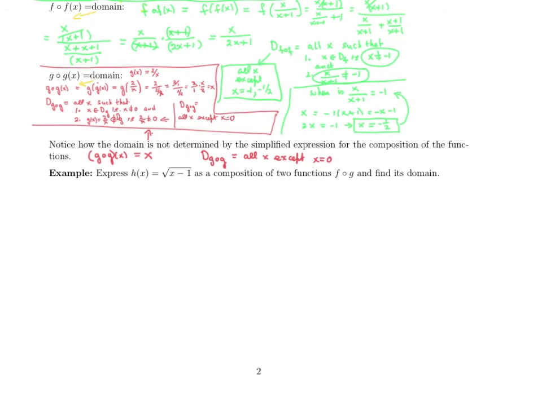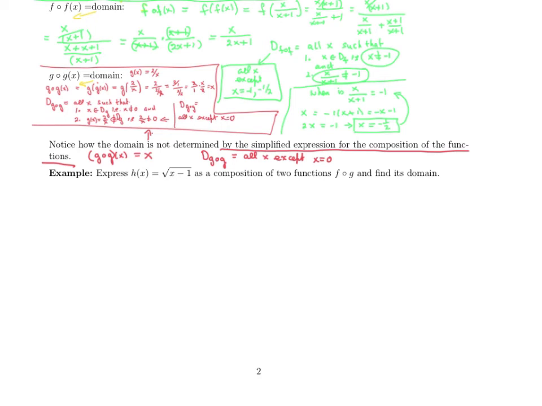This is something you have to watch out for, that implicit in the definition of g after g is that you have to be able to first calculate g of x and then apply g of x to the answer. So even though you end up with a nice simple expression for the composition, the domain can be a little more complicated.